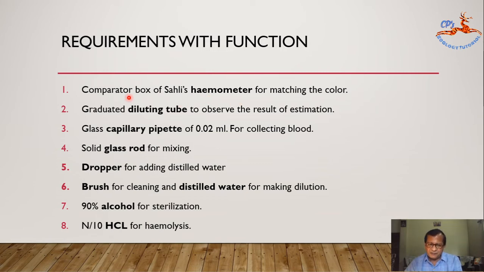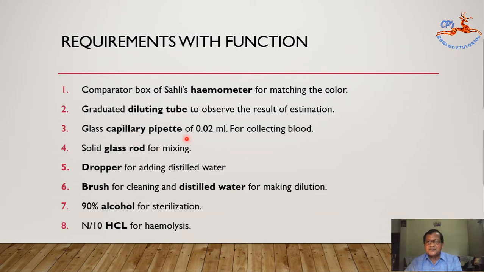Hemocytometer has a comparator. Comparator box is used for matching the developed color, that is red to brown. There is a diluting tube which is graduated, and the estimated result is found directly from it.